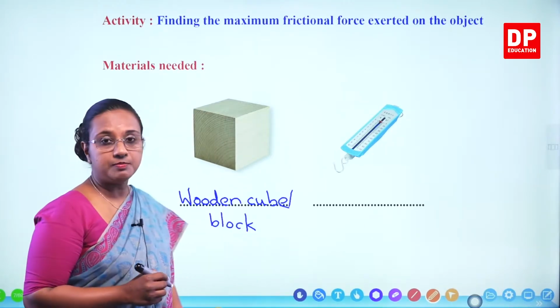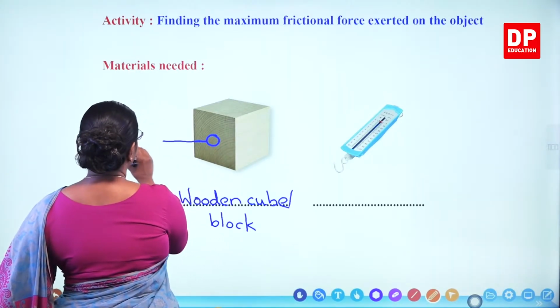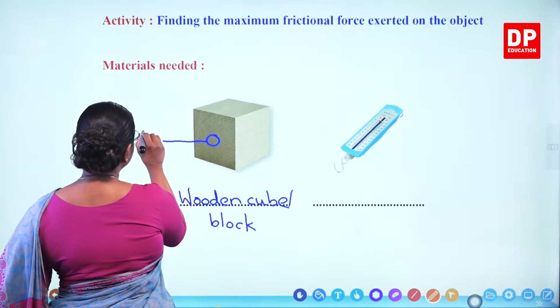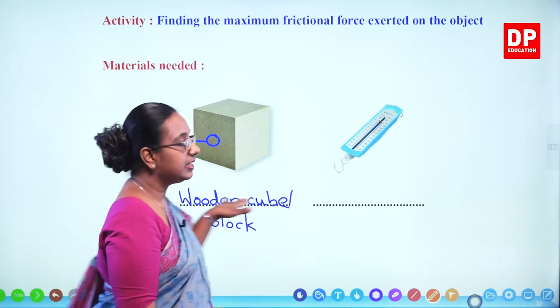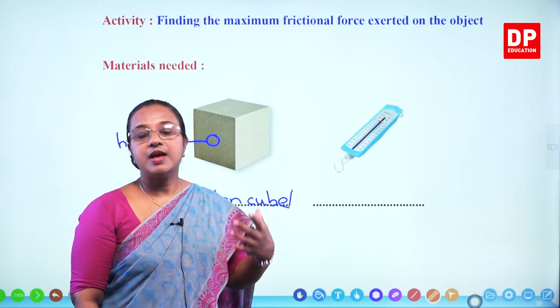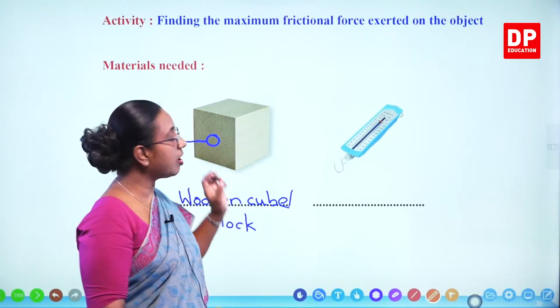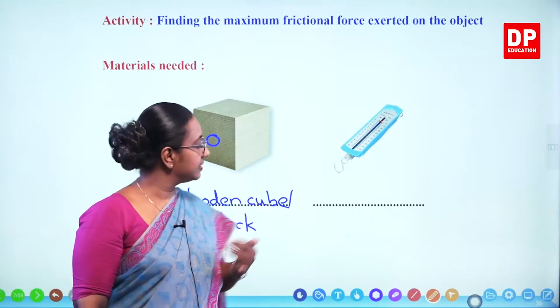And to this wooden block, we will have to attach a hook. We will attach a hook to this wooden cube. And we need a surface, a horizontal surface where we keep the wooden block and we need to pull it along that horizontal surface.